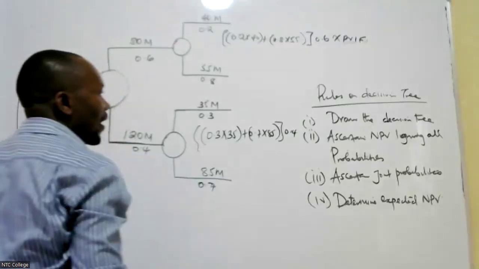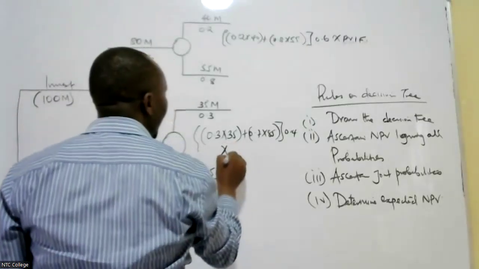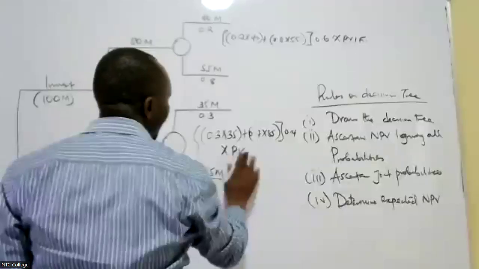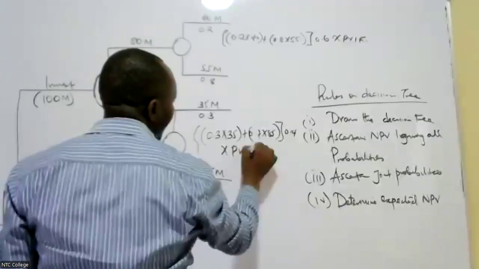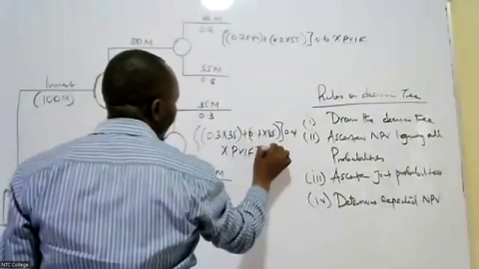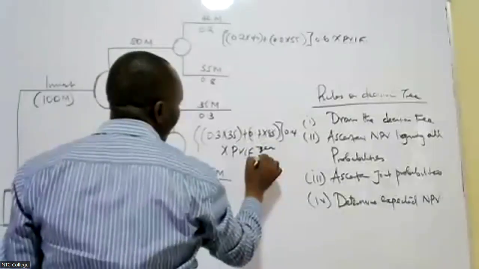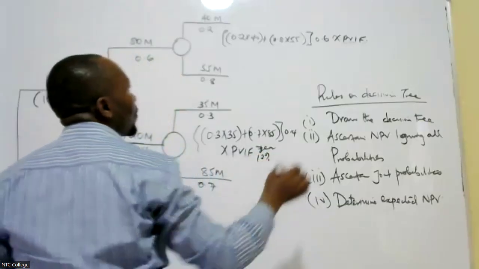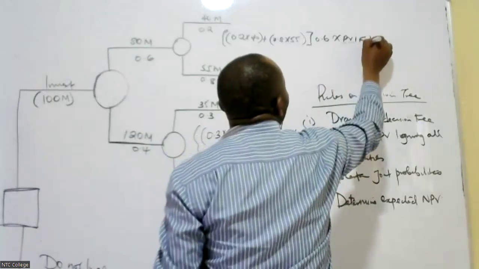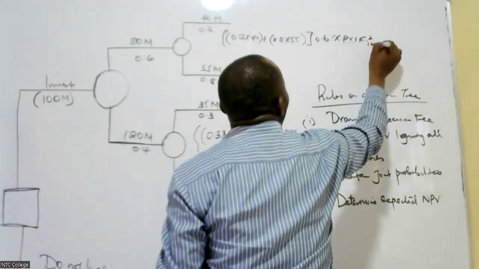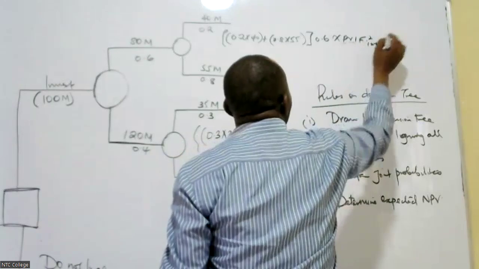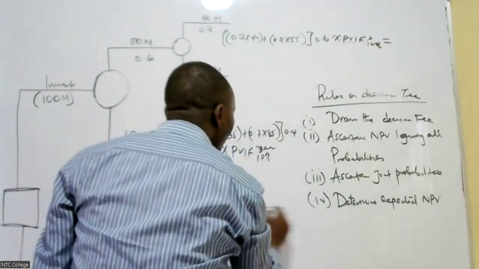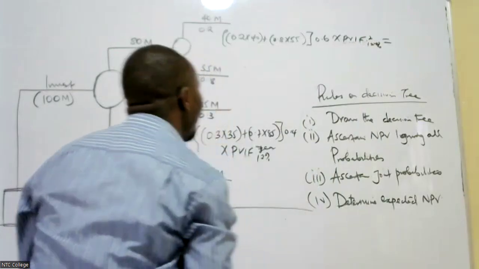Then everything there, multiply with the discount factor for year 2, how many percent? 12%. Yes. Also, this one is year 2, 12%. You are going to get present values. Now you add the two present values, the total present value for year 2.